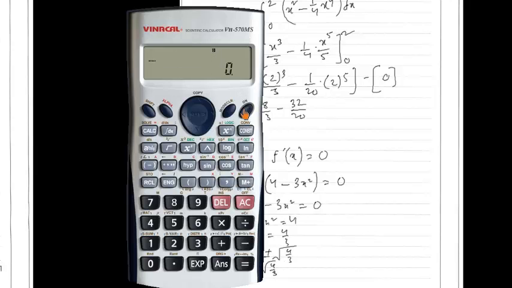So the answer mode is square root of 4 by 3. I'm going to give a bracket because we want square root on both 4 and 3. This would be 1.155.